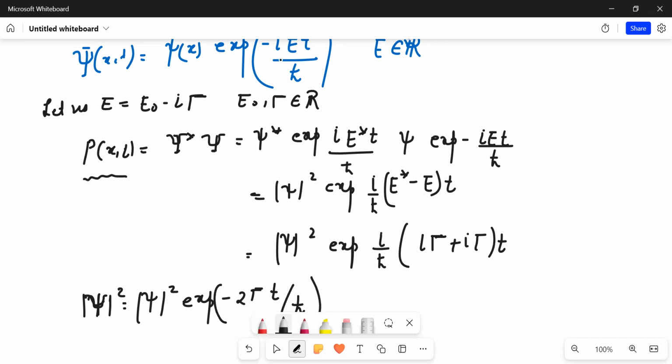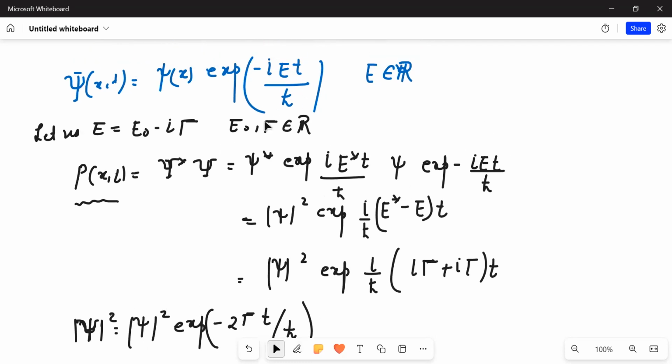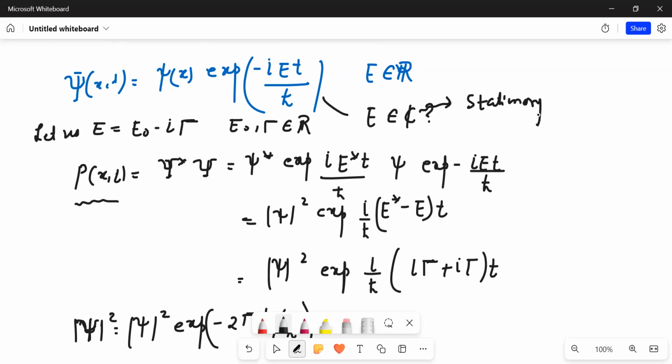So |psi(x,t)|² does not represent a stationary state if E belongs to complex numbers.